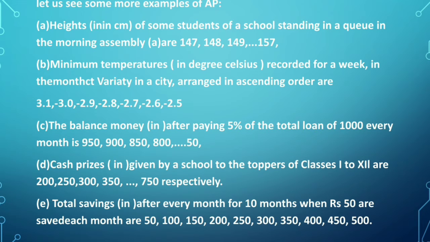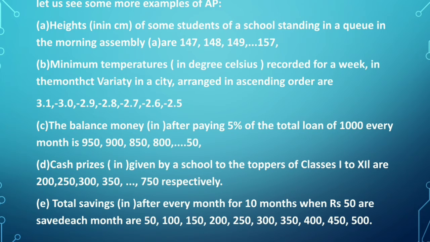Now, the cash prizes given by the school to the toppers of classes 1st to 12th are 200, 250, 300, 350, up to 750 respectively. Lastly, the total savings after every month for 10 months when 50 is saved each month are 50, 100, 150, 200, 250, 300, 350, 400, 450 and 500.